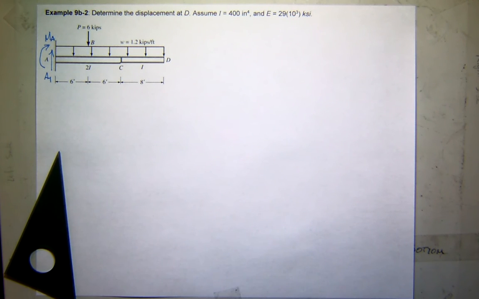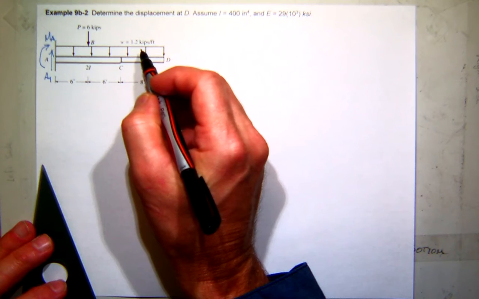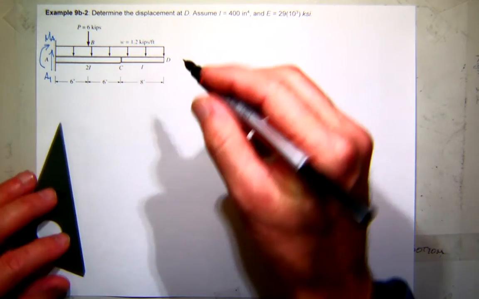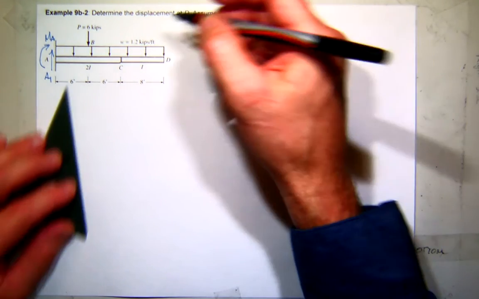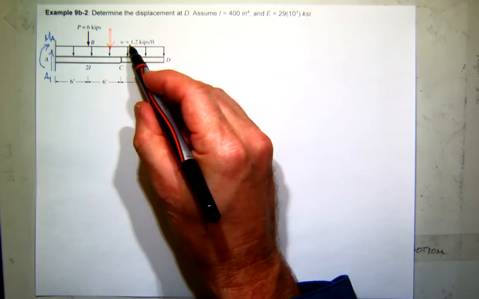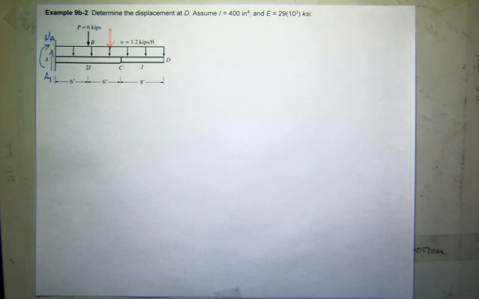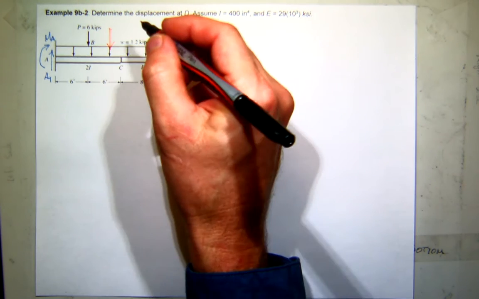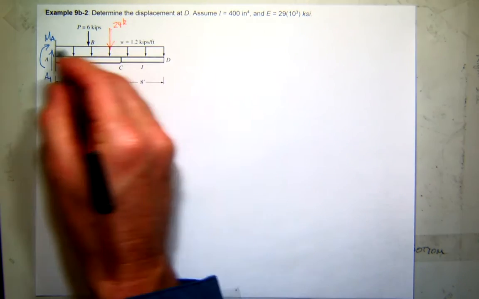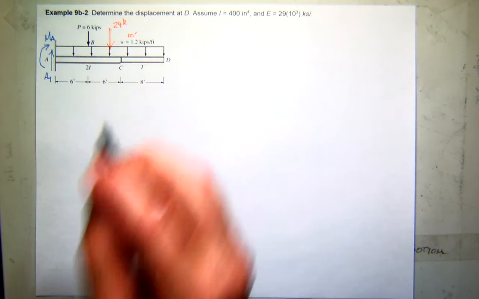Also, to help me get started, I'm going to take this uniform distributed load and find a concentrated equivalent value. So it's 1.2 kips per foot times, it looks like, 20 feet. So that's 24 kips. Is that right? So it'll be 24 kips acting right in the middle, so that would be 10 feet from either side.